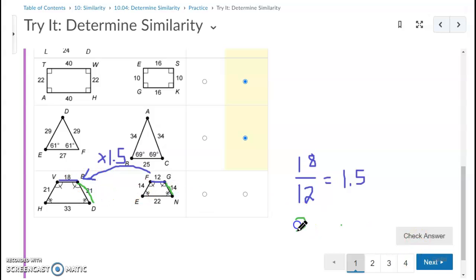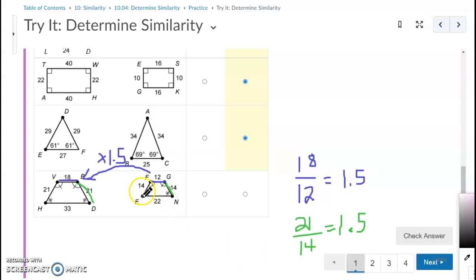What do I get when I divide 21 by 14? Taking out a calculator, that's actually also 1.5. Okay, so that checks out. Let's do one more.